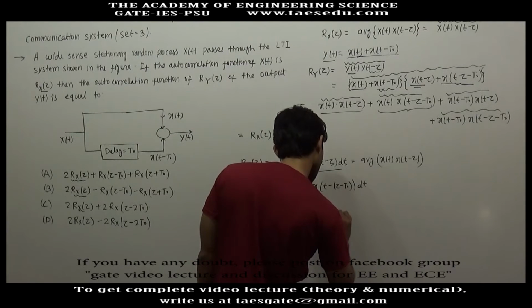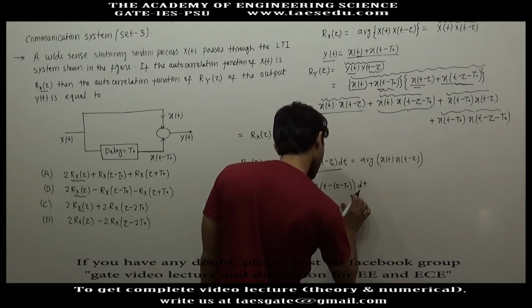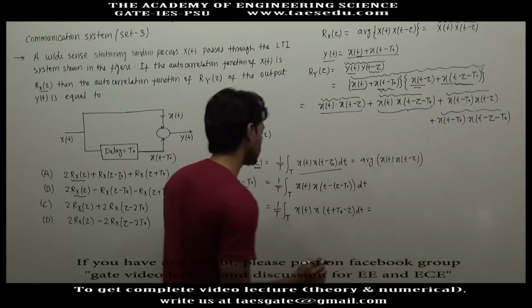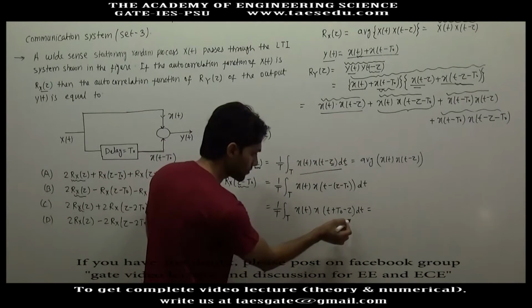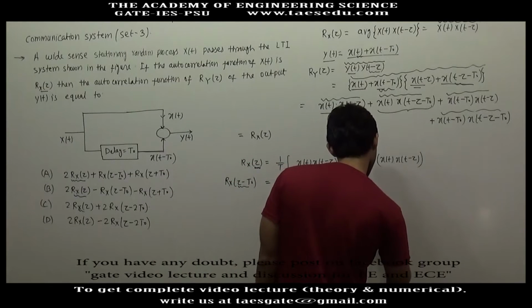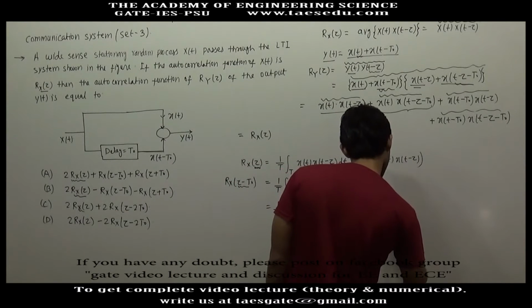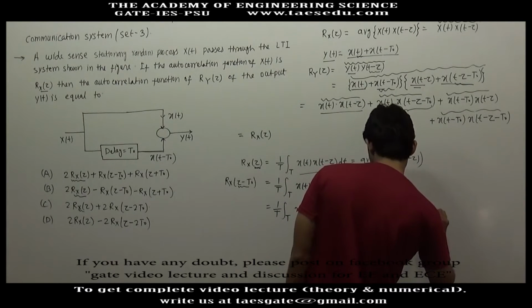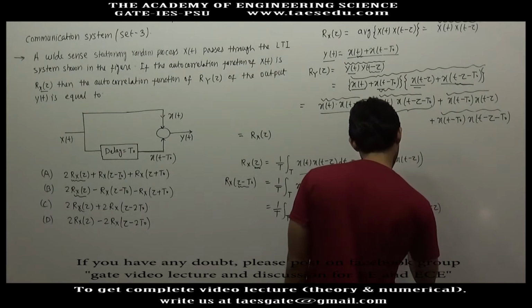This will be t plus t naught minus tau, or again the average of x(t) into x(t plus T naught minus tau).